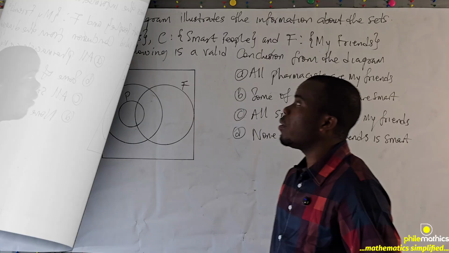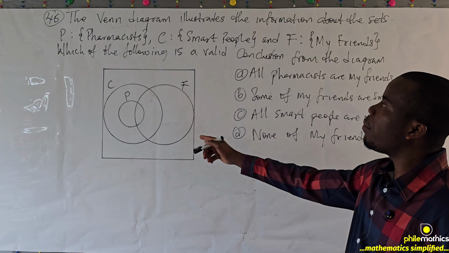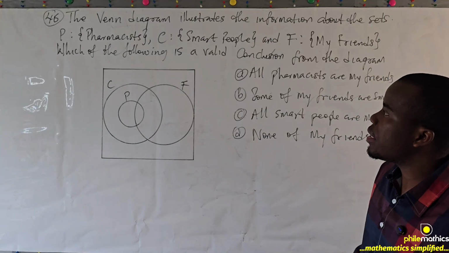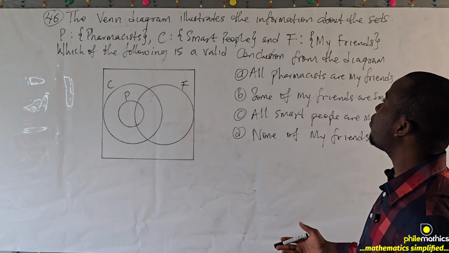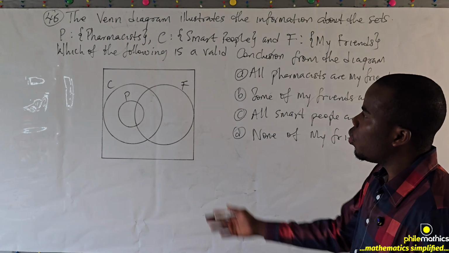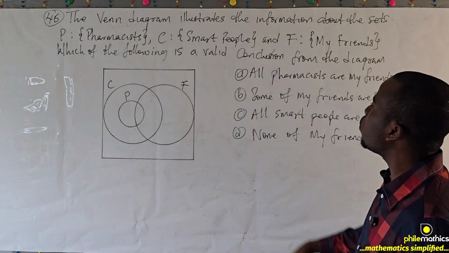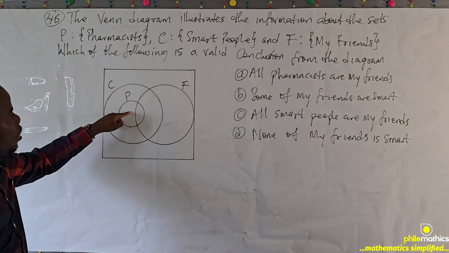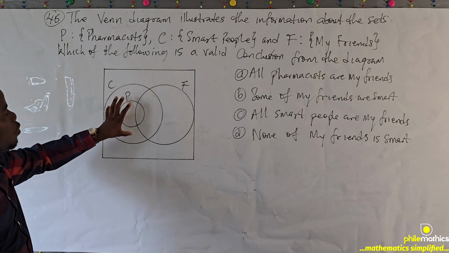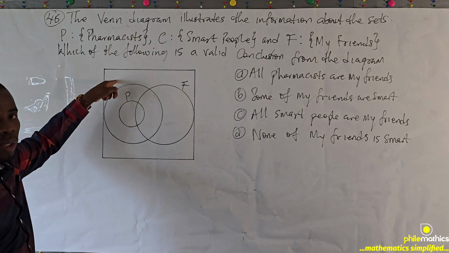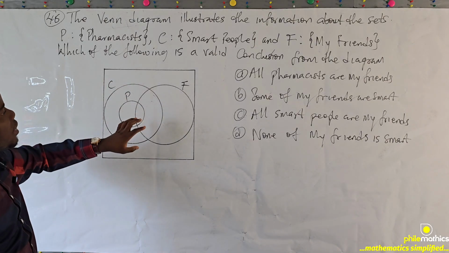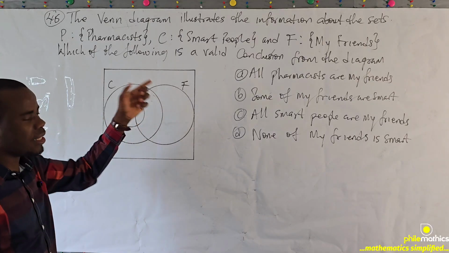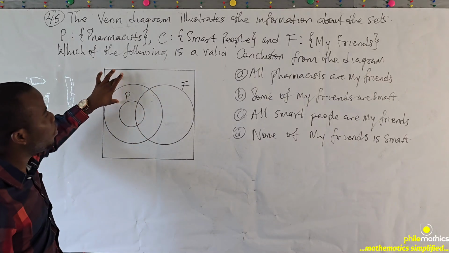That's A. We are told that the Venn diagram illustrates the information about the set. P stands for pharmacist, C stands for smart people, F stands for my friends. Which of the following is a valid conclusion from the diagram? Now, if you observe, P, which is for pharmacists, is fully inscribed in C, which stands for smart people, and there's an intersection between pharmacists and my friends, and there's an intersection between smart people and my friends.